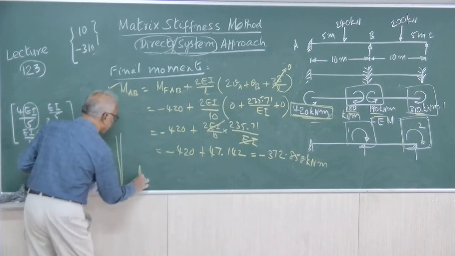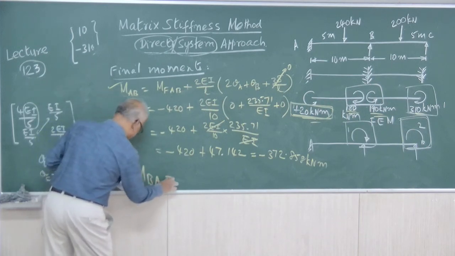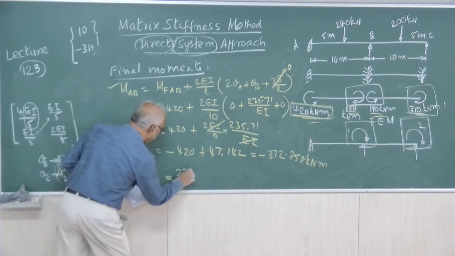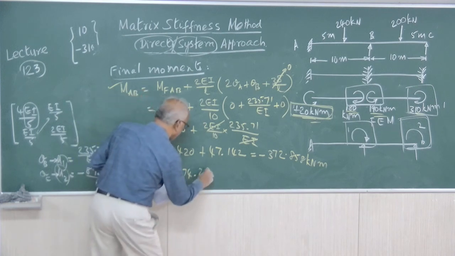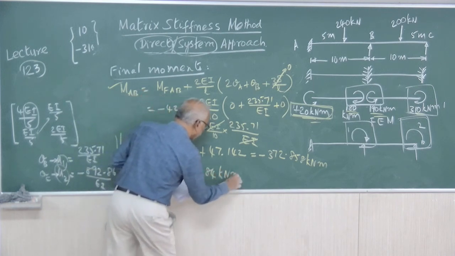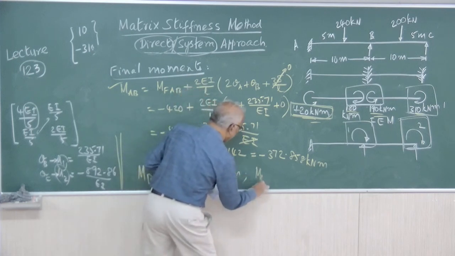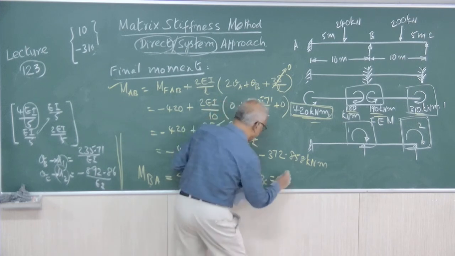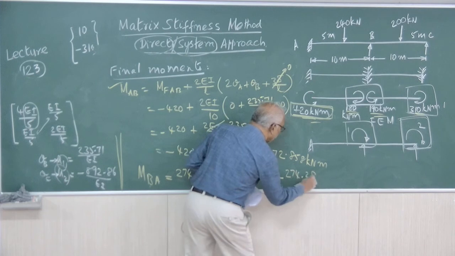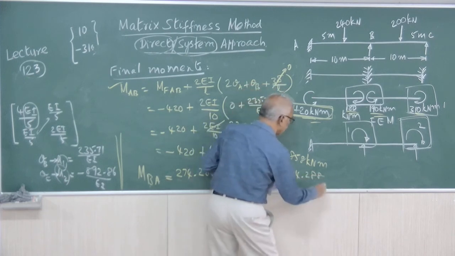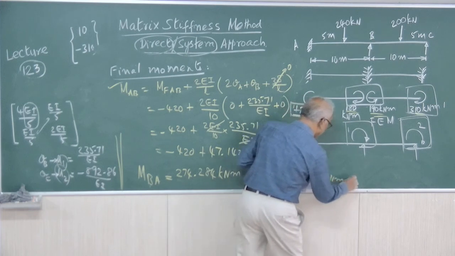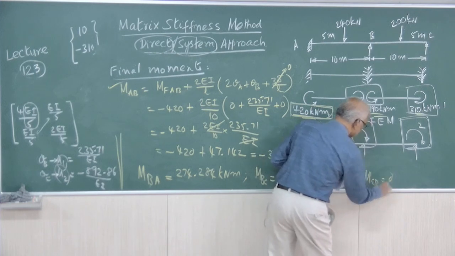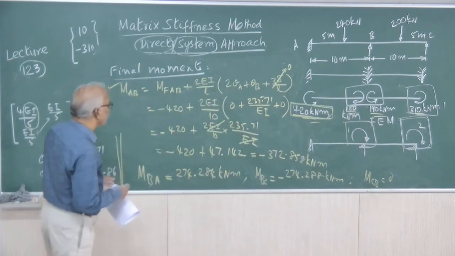Therefore, MBA equal to 272.284 kilonewton meter, MBC equal to minus 274.288, with a small error in the third decimal, which is not a matter, and MCB equal to 0. So that is about the final moments.